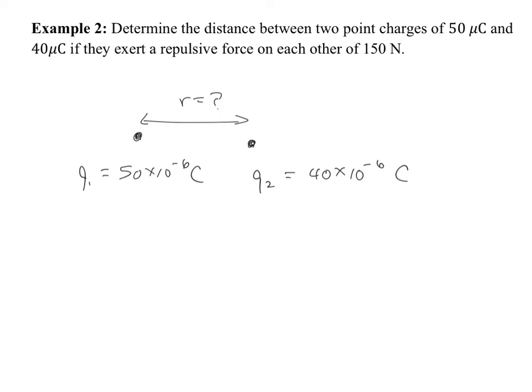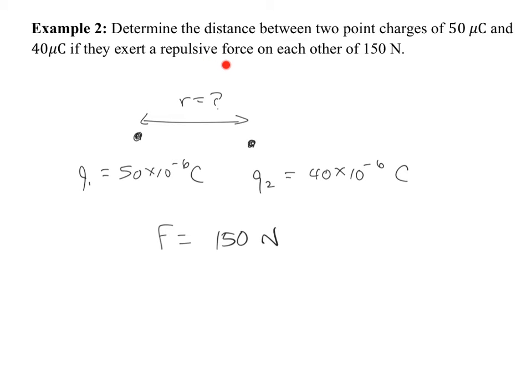Now, with that stated, we've got Q1, we've got Q2. We know that the force between them is 150 newtons. How come I know this is true? How come I know that it's a positive 150 and not a negative 150? Yeah, it says here that it's a repulsive force.